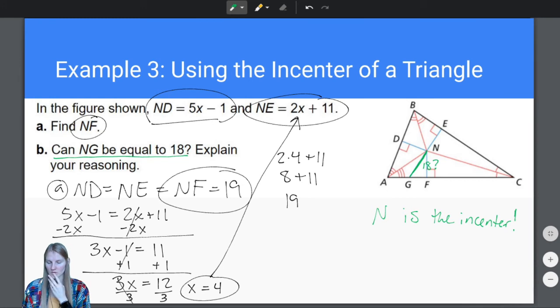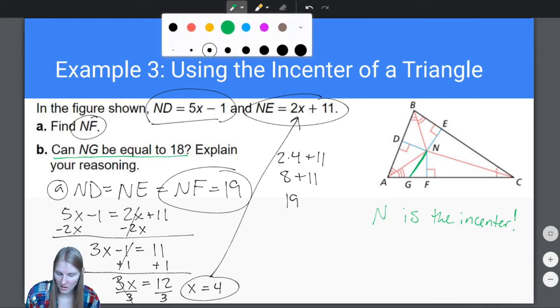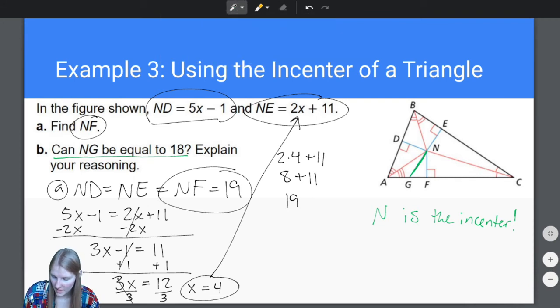Well, that's a very interesting question. Because we know that NF is 19. So can NG be 18? Well, wait a minute. We said that the whole reason this is perpendicular is because when we say the distance from the incenter to the side, we want the quickest distance, the shortest distance.